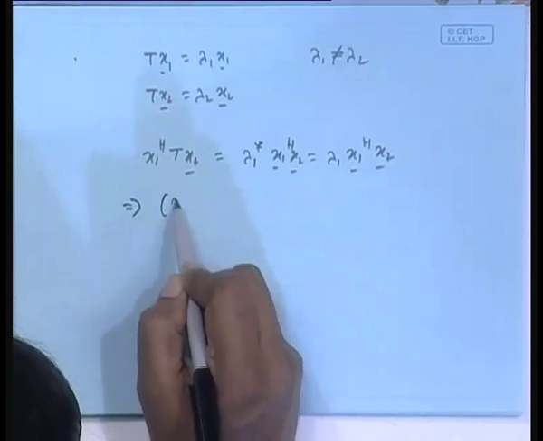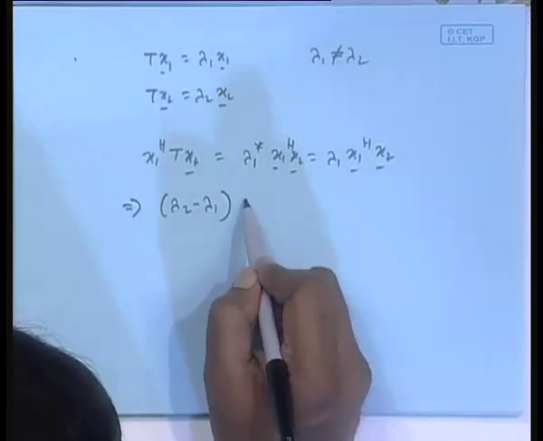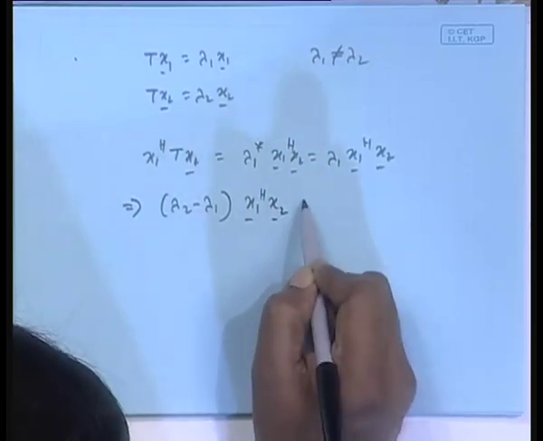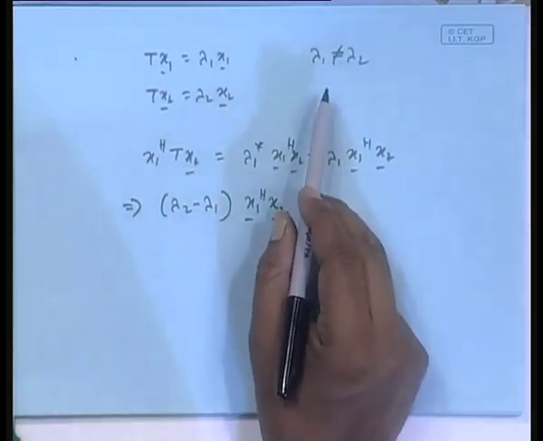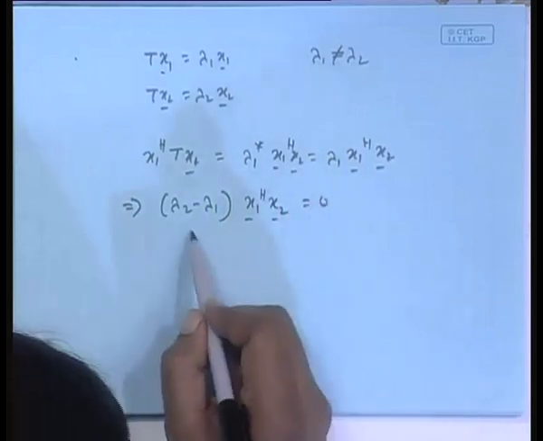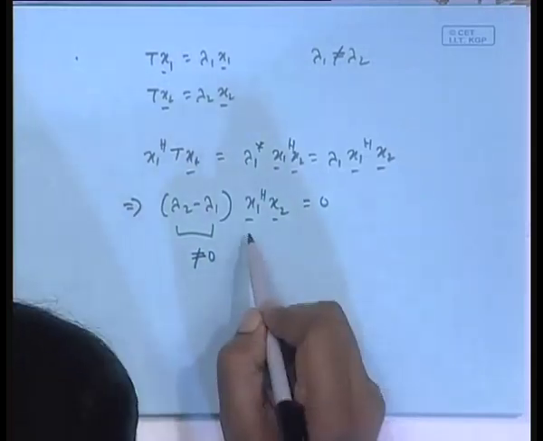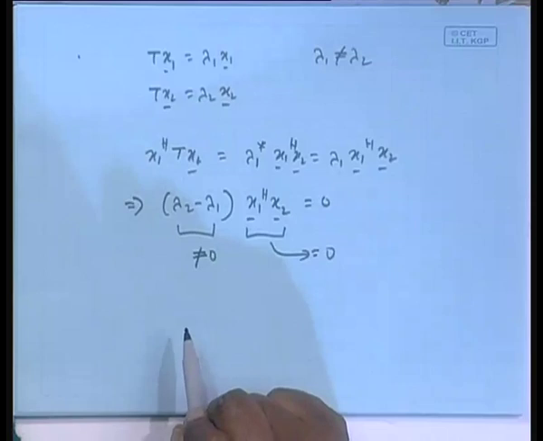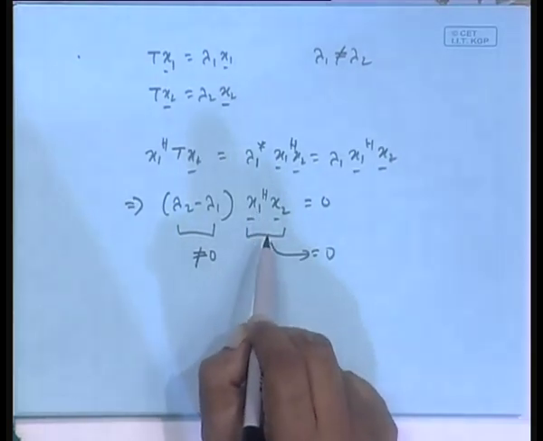So, this will lead to lambda 2 minus lambda 1, but I told you I am taking distinct eigenvalues, lambda 1 and lambda 2 are not the same. So, this cannot be 0, that means the other factor is equal to 0. So, if this is 0, we say they are orthogonal.